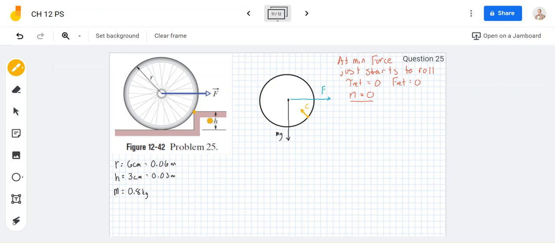So let's look at this. One of the things we're going to need is an understanding of the inherent geometry to this problem. It says that the radius here is 6, which means that this radius is also 6. Does that make sense?